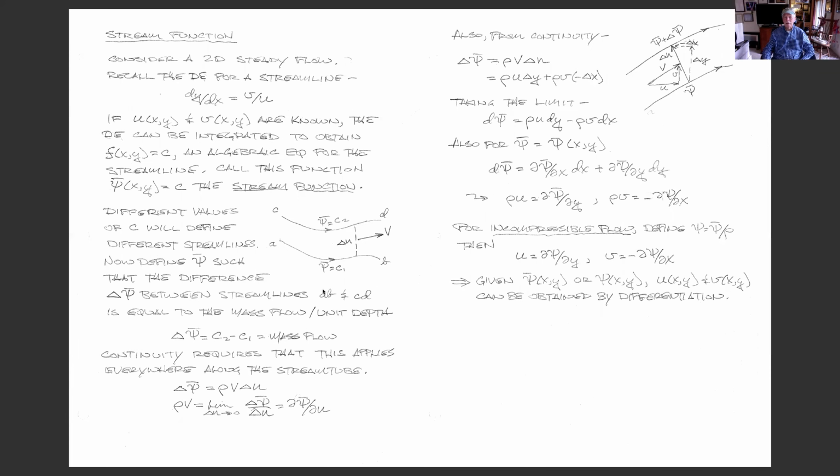Well, wait a minute, let's see. Here are two different streamlines. Here is psi bar, and here's psi bar plus delta psi bar. And I'm in Cartesian coordinates here. Looking at this, this is delta n, this little vector across. That's the distance between the two streamlines. And here is v showing up here, and v and little u.